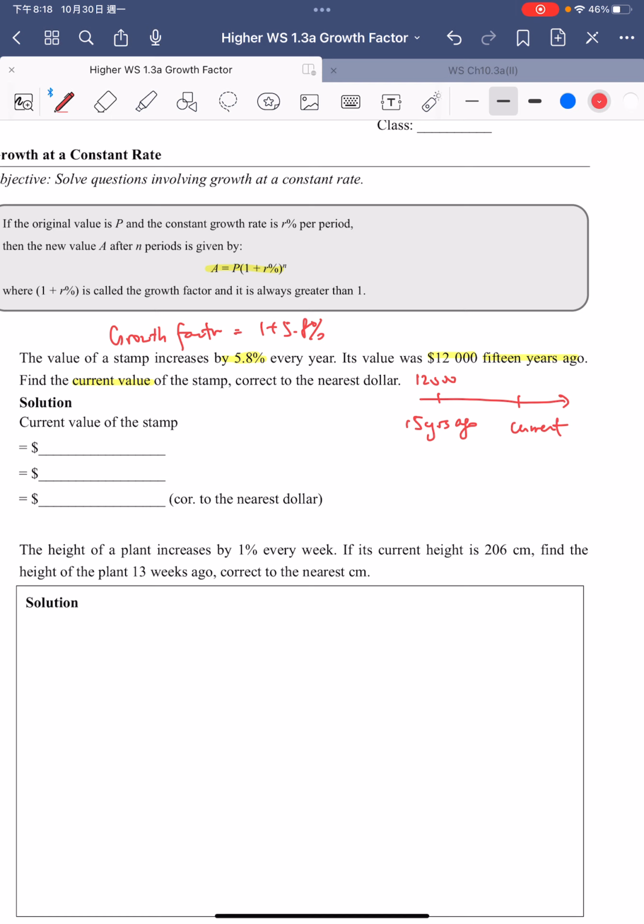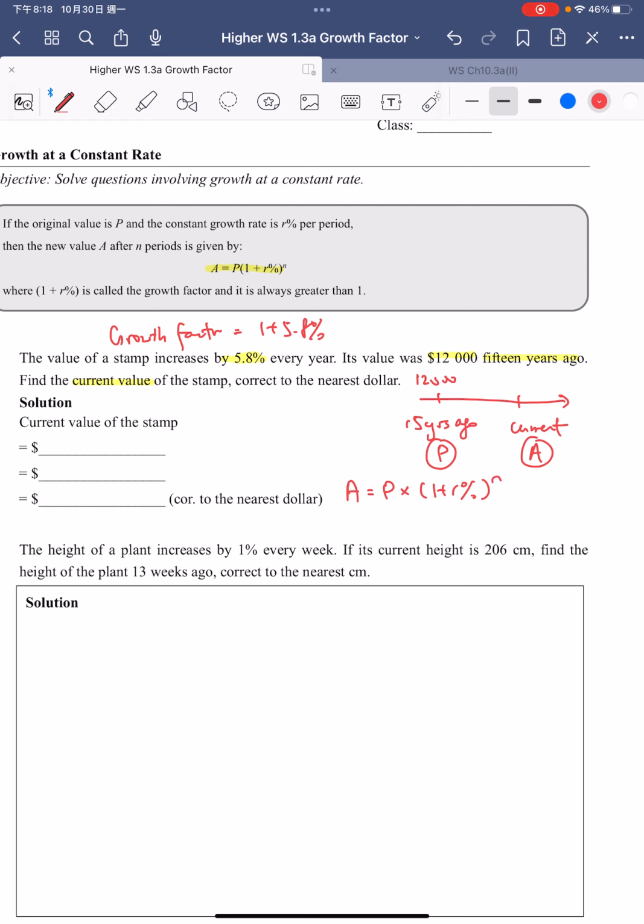So we think about which one is our A. The new value is going to be the current value, and P is going to be the value of 15 years ago. So A should be equal to P times (1 plus r percent) to the power of n.